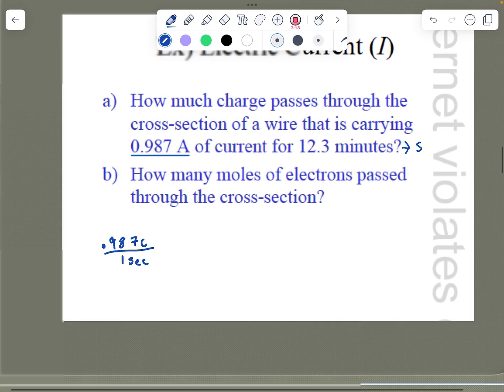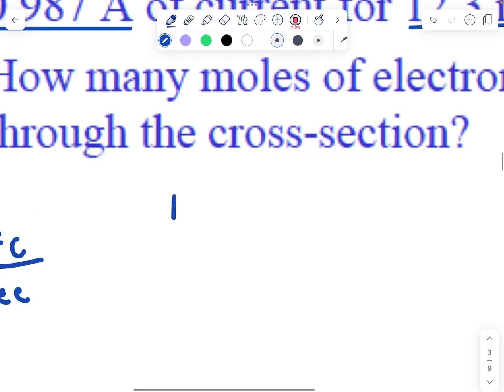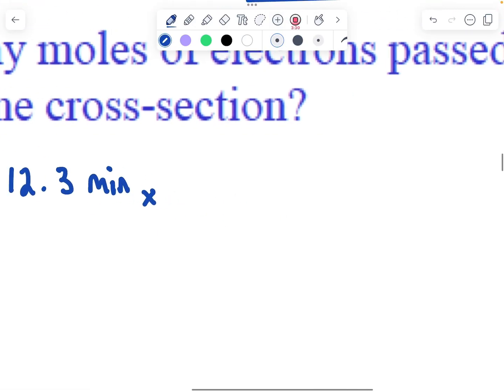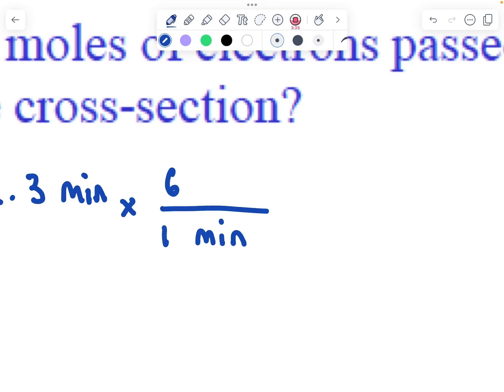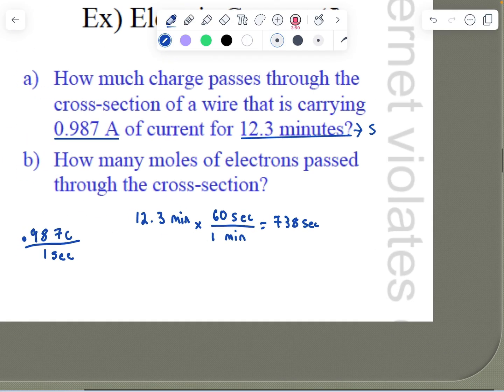And then we know that we're going for 12.3 minutes, so we're going to multiply 12.3 minutes, and we're going to put minutes on the bottom because that's what we're going to cancel out. And there's 60 seconds in every 1 minute. So 12.3 times 60 is 738 seconds.